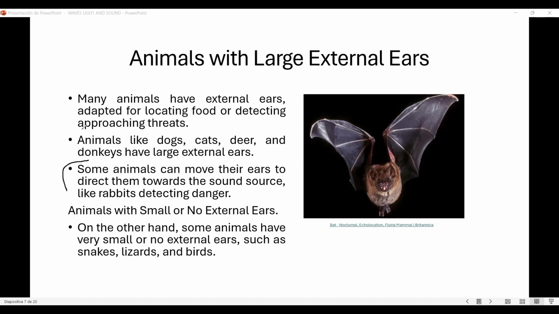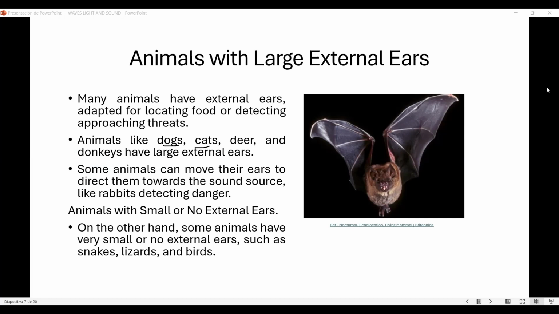But there are other animals like dogs, cats, deer, and donkeys that also have large external ears. And we also have animals with small or no external ears, for example, snakes, lizards, and birds.